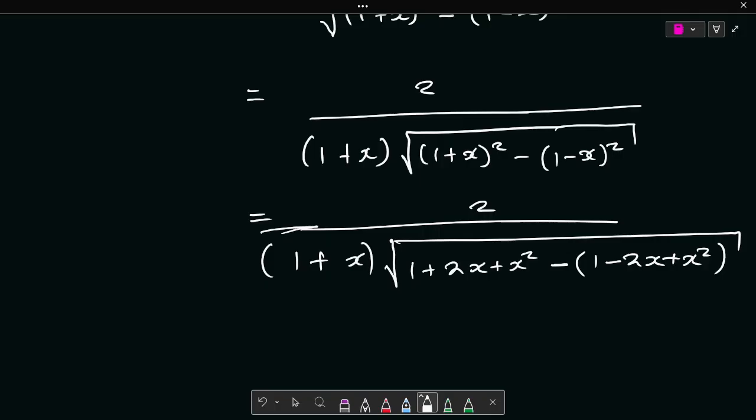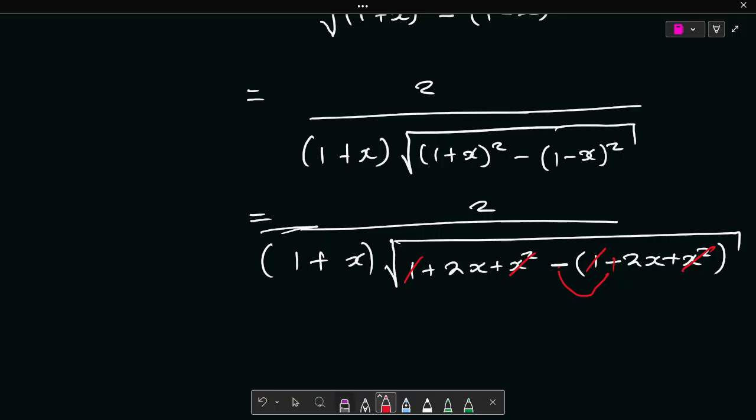So let's notice the things that will cancel here. This one and this one will cancel. What else? This one and this one will cancel. When we distribute the negative and multiply it with what is inside the brackets, this one will become positive basically.